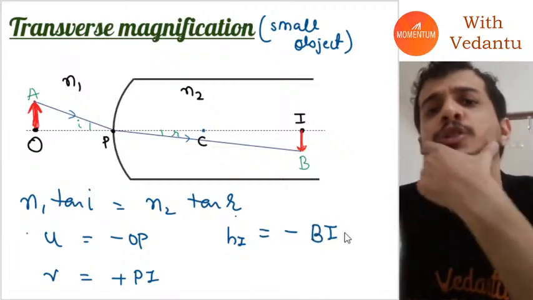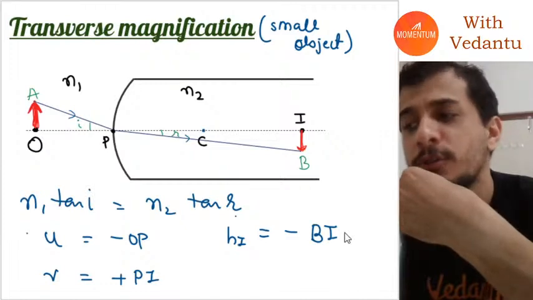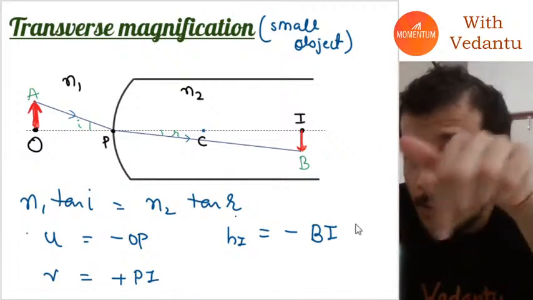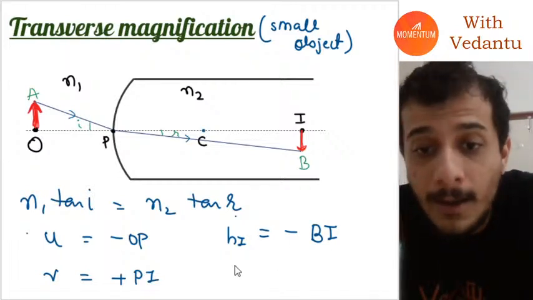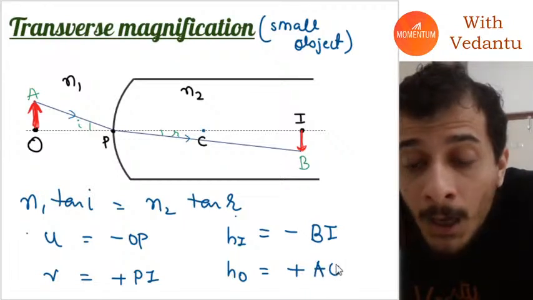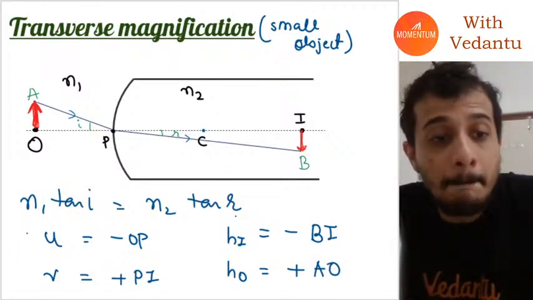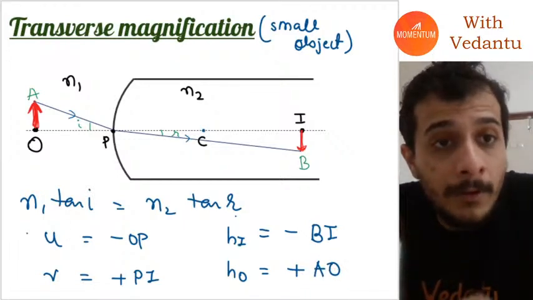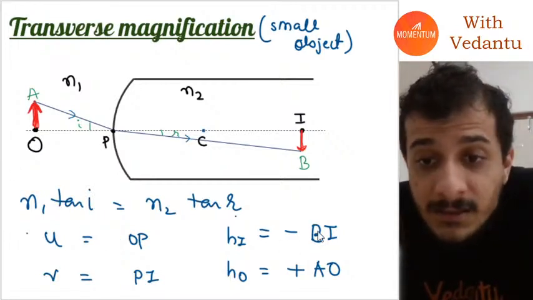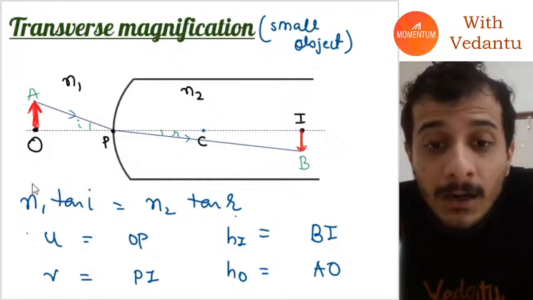Why negative BI? That is because that height is below the principal axis. And height of object will be plus AO. I hope everybody understood. Now what I can do is take these signs to the other side.